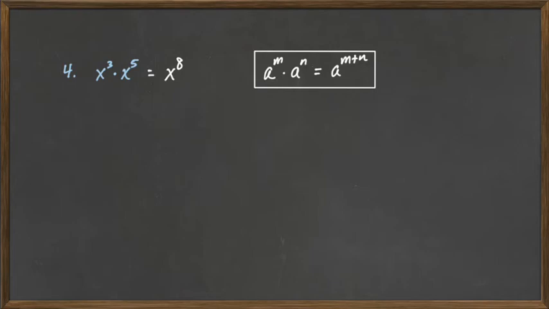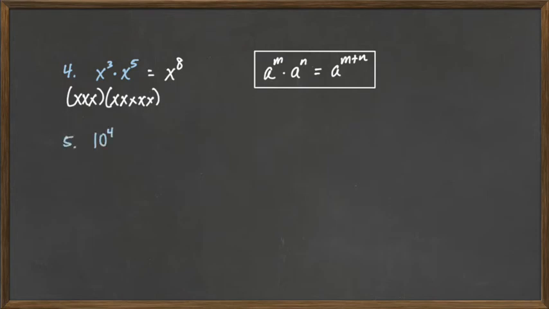Now, it's really not hard to believe this rule is what it is. If you think about it, x cubed means 3 x's are multiplied, and x to the 5th means 5 x's are multiplied. And so you can see there's a total of 8 x's multiplied. Again, the shortcut is to just add the exponents.